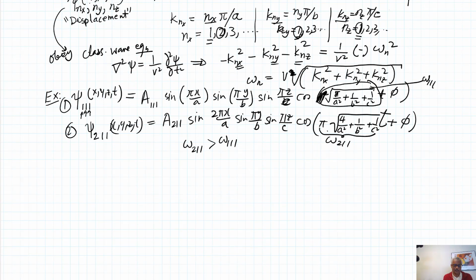I'm going to ask you a question here and leave it unanswered. Say a equals 1 meter, b equals half a meter, and c equals, say, 2 meters.